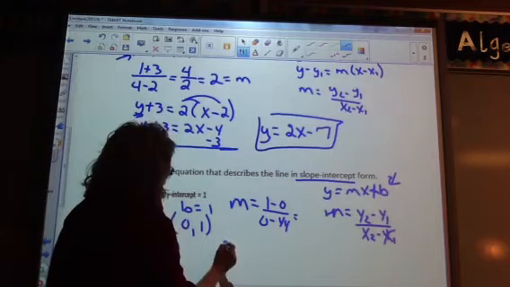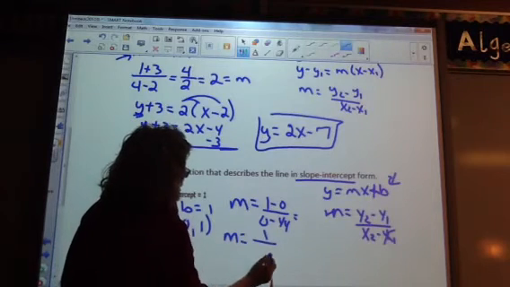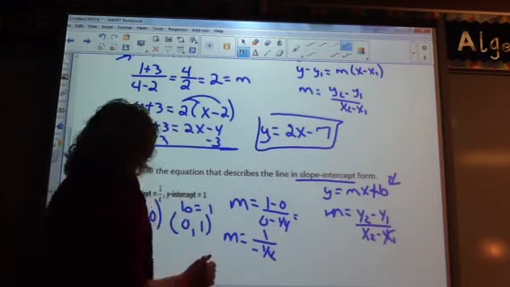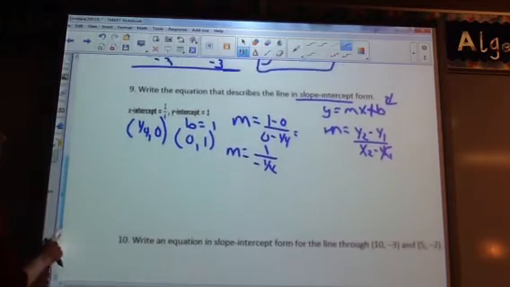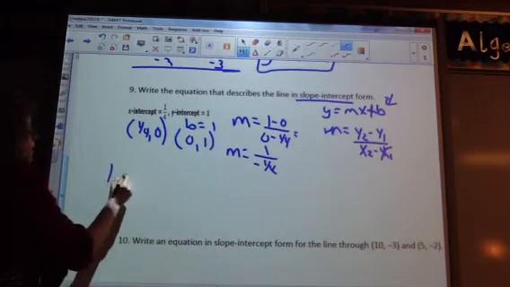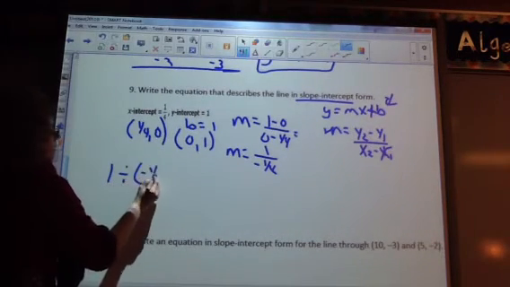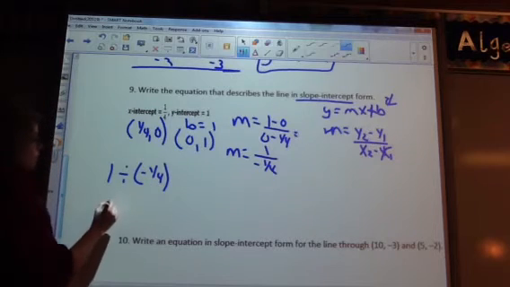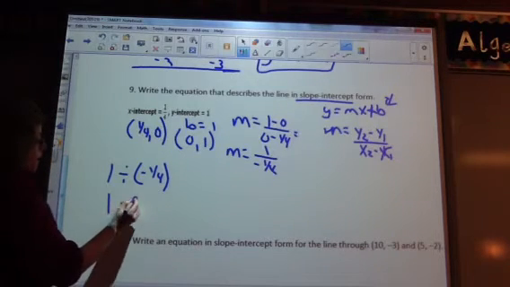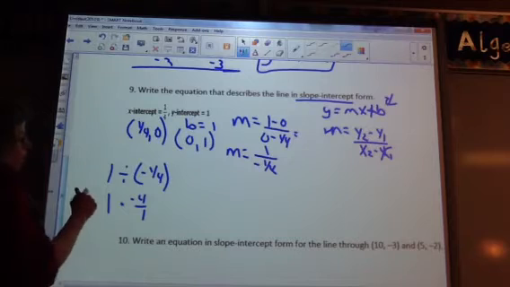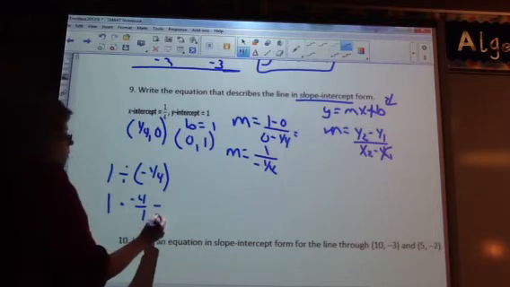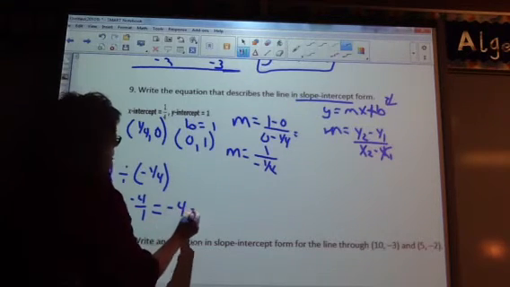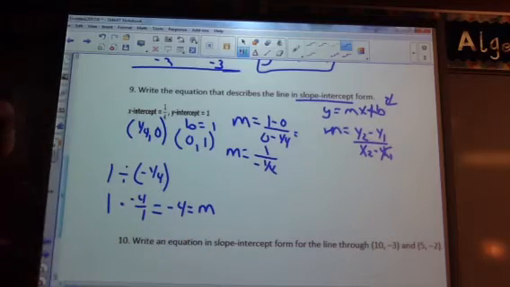So m is going to be 1 over negative 1/4. So we have 1 divided by negative 1/4. When we divide fractions, we always multiply by the reciprocal. So what is 1 times negative 4? Negative 4, which is our slope.